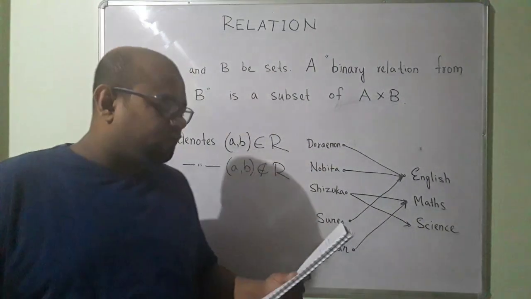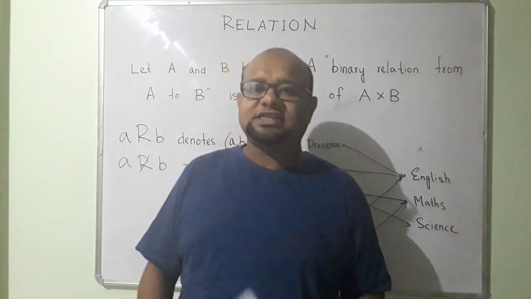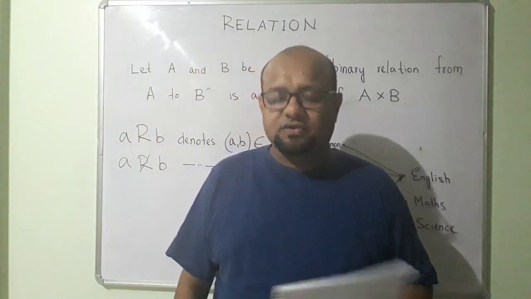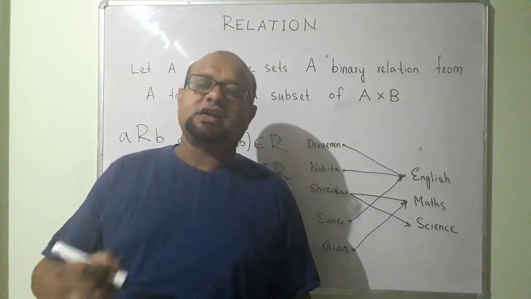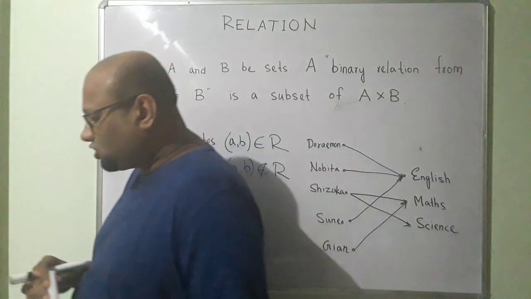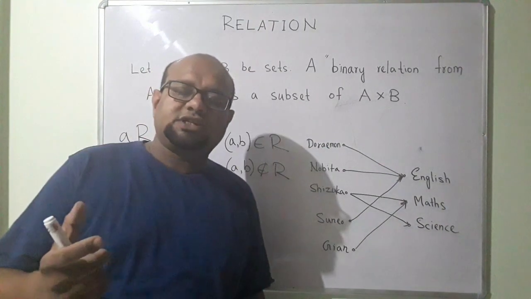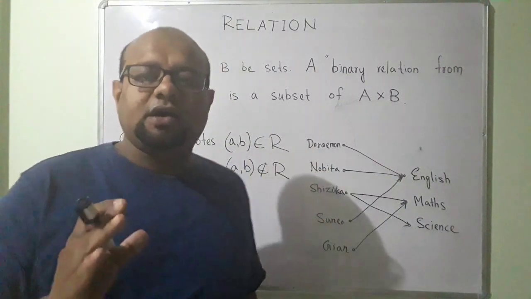More formally, let A and B be sets. So we have two sets A and B. A relation, a binary relation, from A to B, is a subset of the Cartesian product of A and B. So we have this Cartesian product where we will have all these ordered pairs.